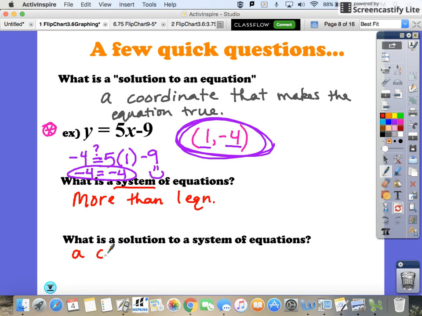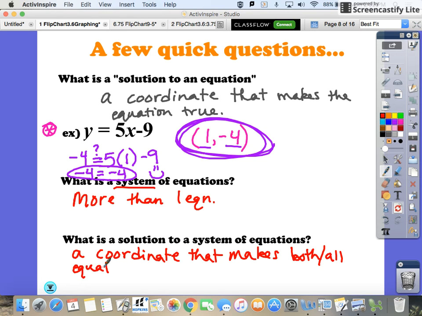It's a coordinate that makes both or all equations true. So when we look for a solution to a system of equations, we're looking for a unique coordinate that makes true statements out of both equations involved.